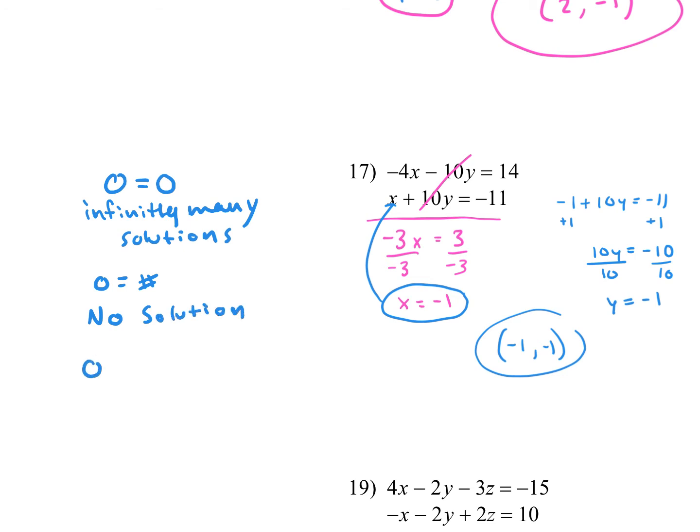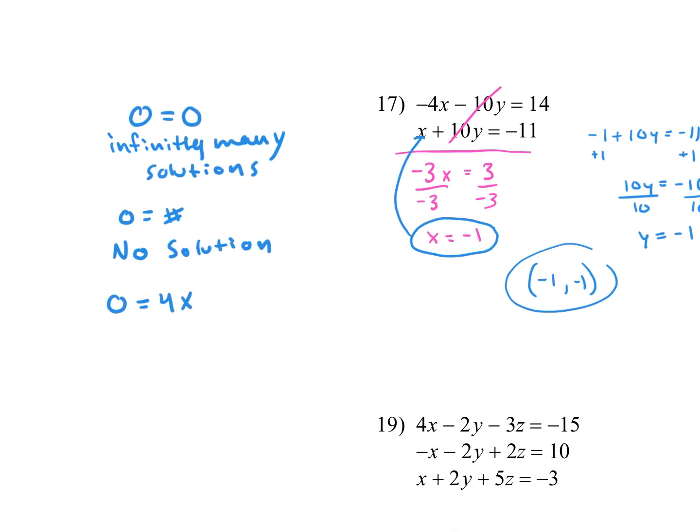What happens if you get like 0 is equal to 4x? What should I do? Divide by 4. What's 0 divided by 4? 0. So x would be equal to 0. So don't be confused if you get 0 is equal to a variable, because 0 can be equal to x. That's an answer. But if you get 0 is equal to a number, like 0 is equal to 6, 0 does not equal 6, so that would be no solution.